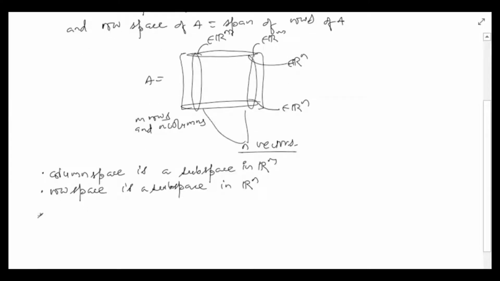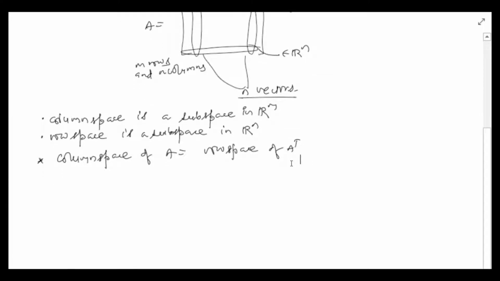Moreover, rows of A are columns of A transpose and columns of A are rows of A transpose. So, column space of A is same as row space of A transpose. Similarly, row space of A is column space of A transpose.